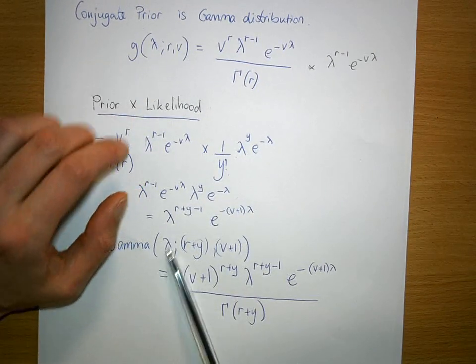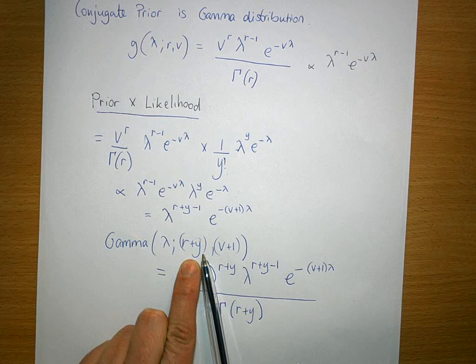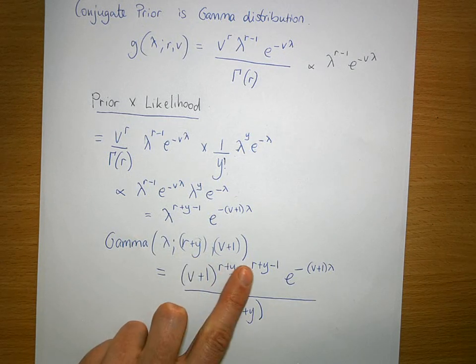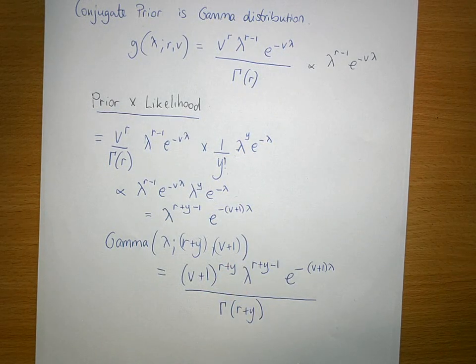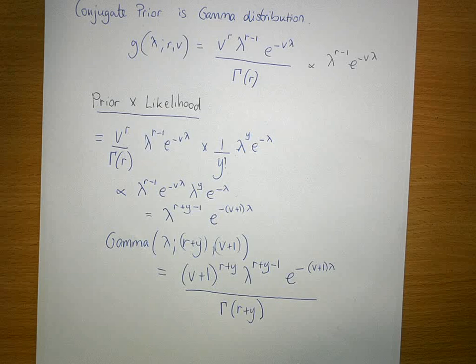So we add on the number of counts to the r parameter and the number of experiments onto the v parameter. There's a slightly more generalized version of this that shows you how to do it to the n. If you observe this number of counts in this number of experiments, but we're not going to do that one today.